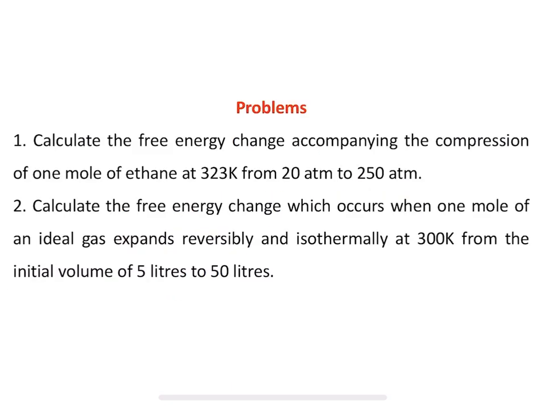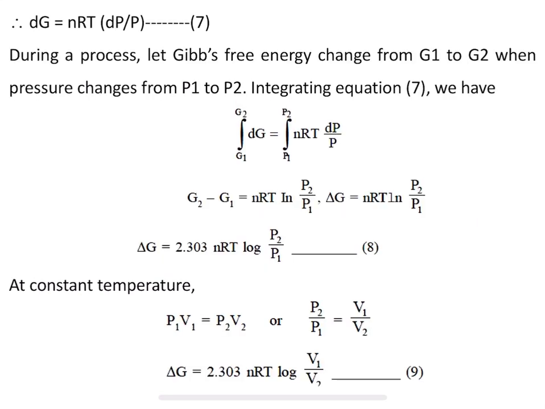Here n is equal to 1, because 1 mole of an ideal gas is used, and temperature T is equal to 300 Kelvin, volume V1 is equal to 5 liters and V2 is equal to 50 liters. All the information we have, substitute it here.